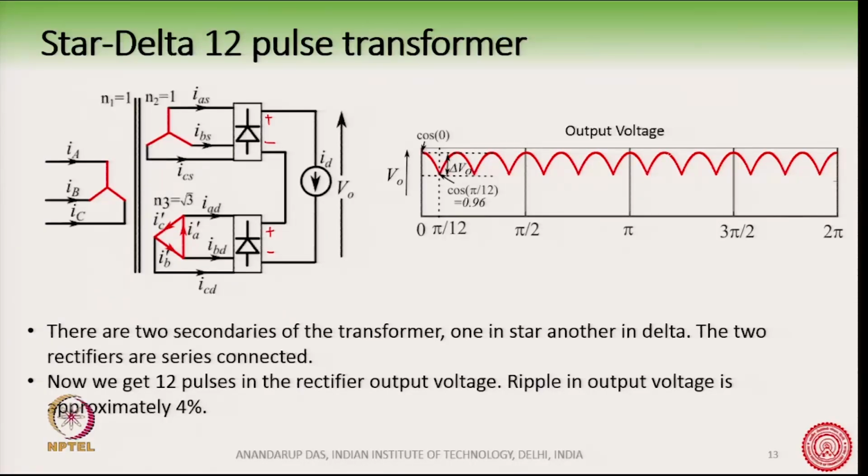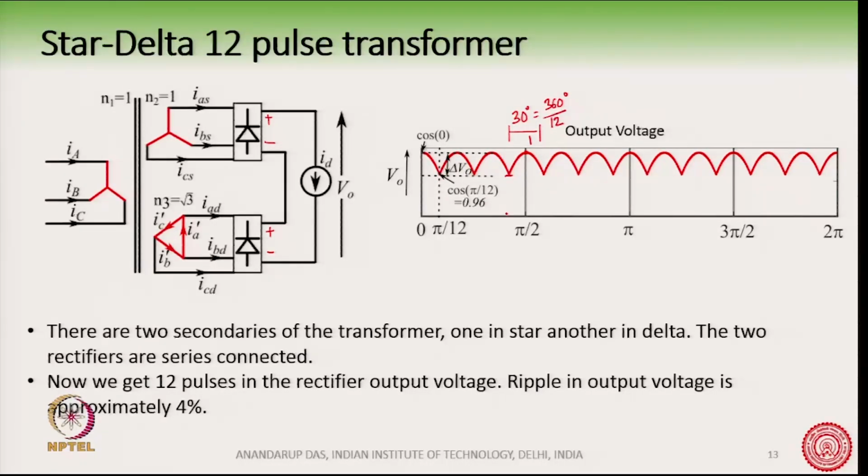Now, when we have a 12 pulse rectifier, of course, the output DC ripple is improved, because we now have 12 pulses. The width of one lobe is 30 degrees, this is 360 degrees divided by 12. If the peak is 1, then this value will be cos of 15 degrees, or cos pi by 12, and this is 0.96.